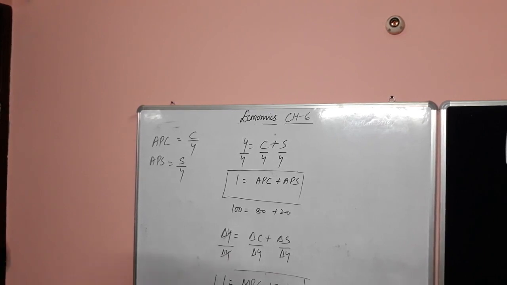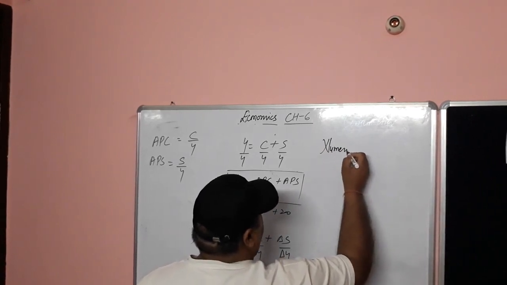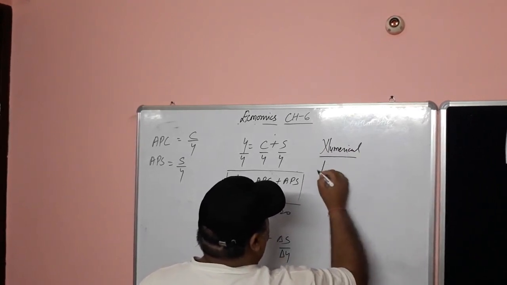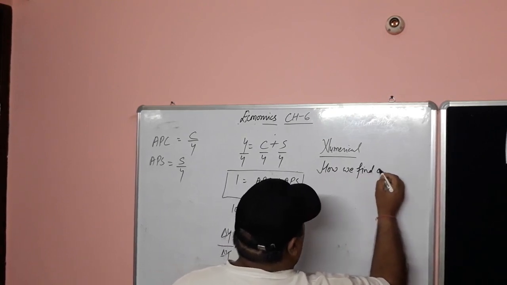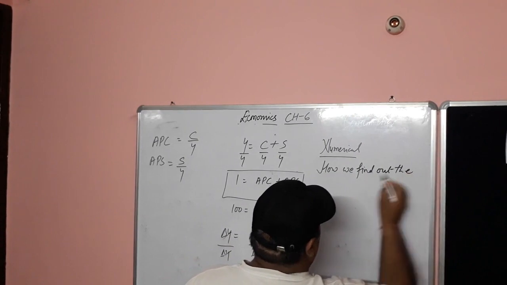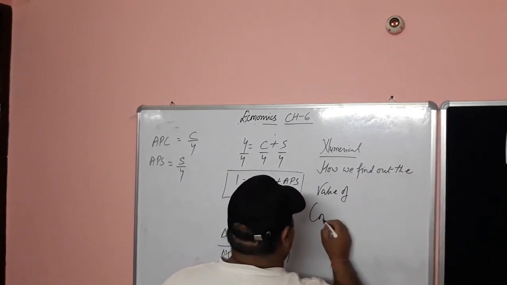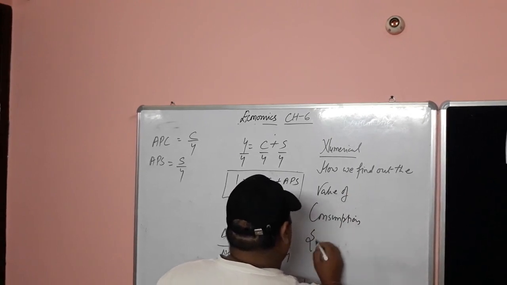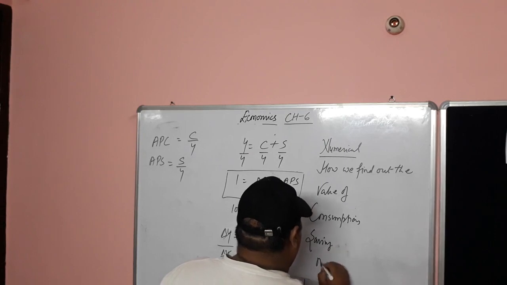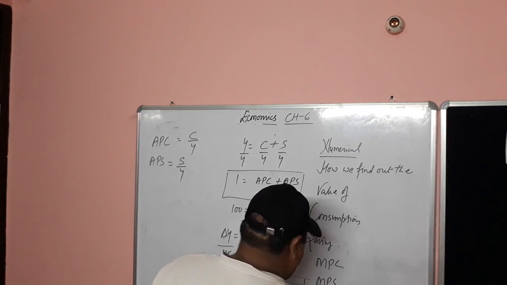So in this particular chapter, there are some numerical questions. Numerical questions on how we find out the value of consumption, saving, MPC, MPS, APC, APS.